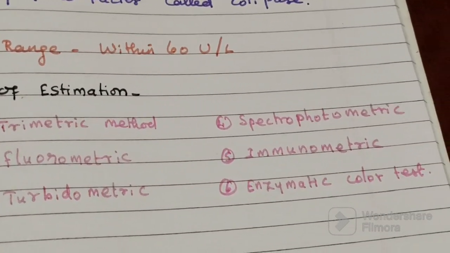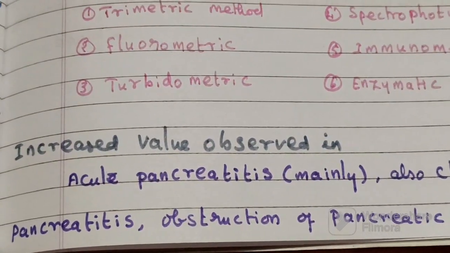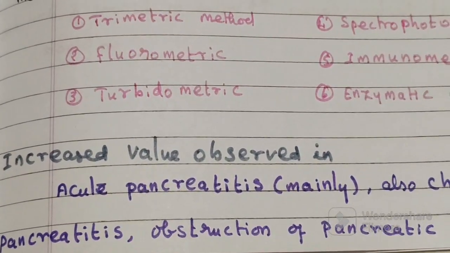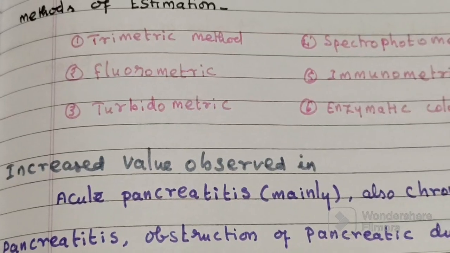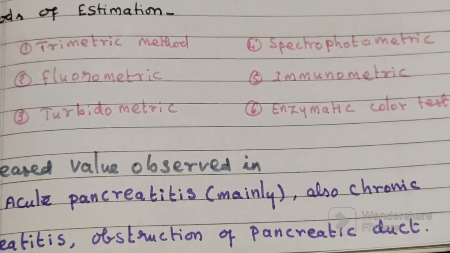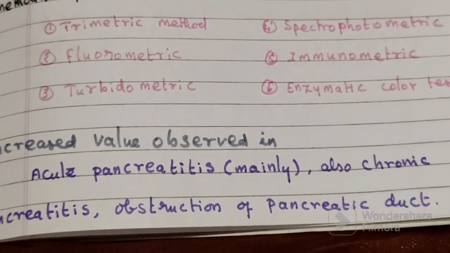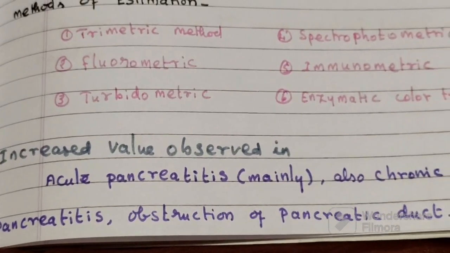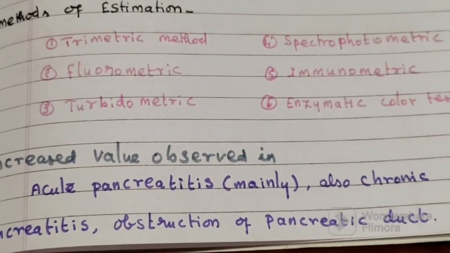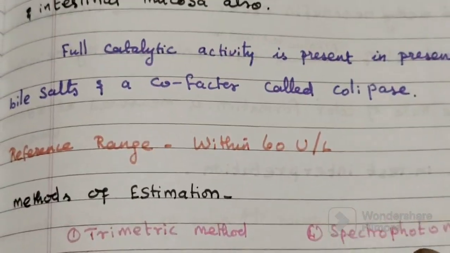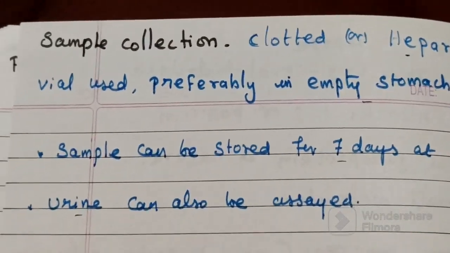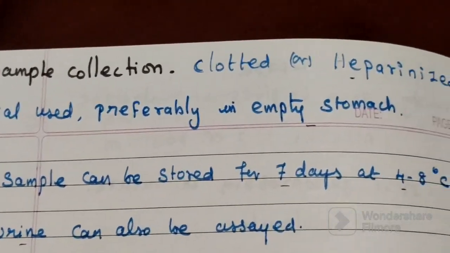Increased value of lipase is observed mainly in acute pancreatitis. It is also increased in chronic pancreatitis and obstruction of the pancreatic duct. Next, sample collection.